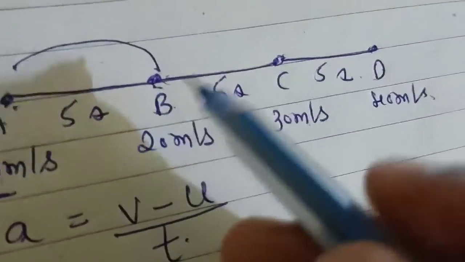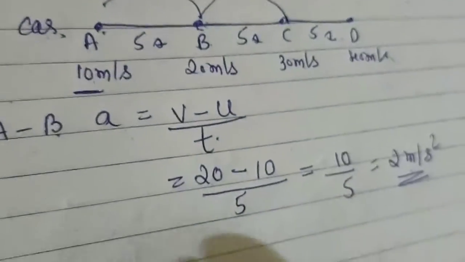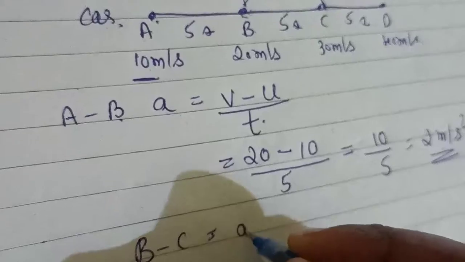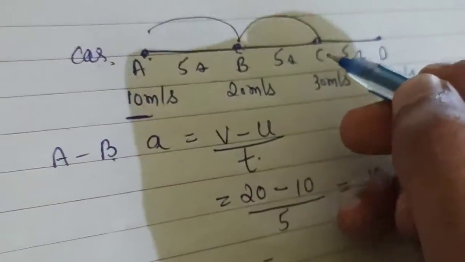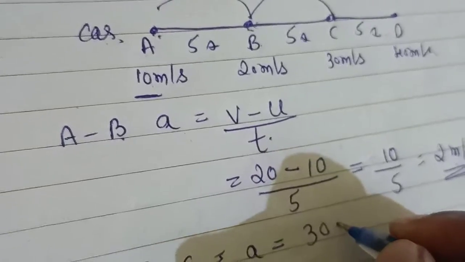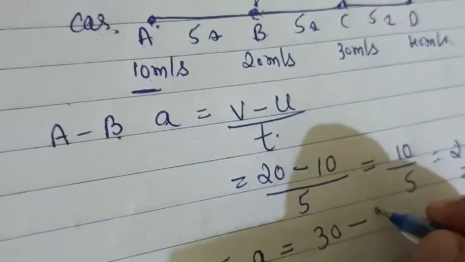Now let's consider the car moves from B to C. What is the final velocity? It is C, that is 30 meter per second. And what is the initial velocity? It is 20.